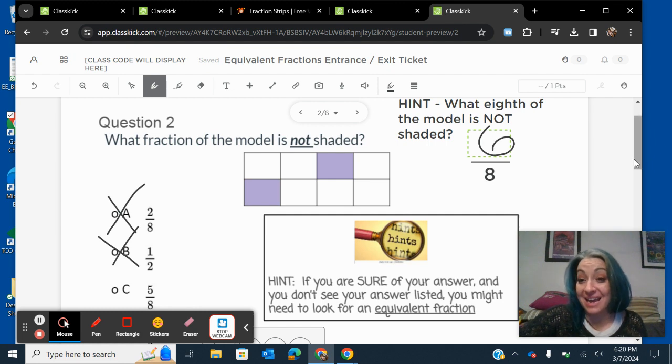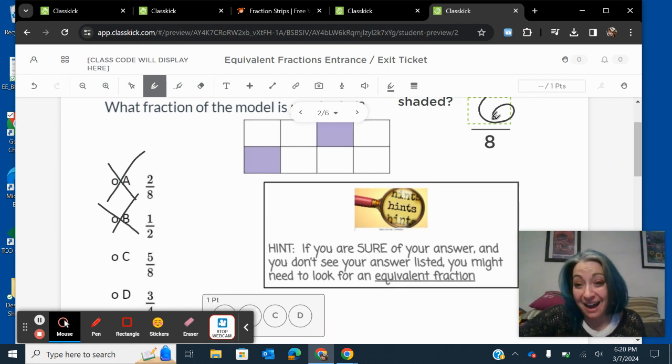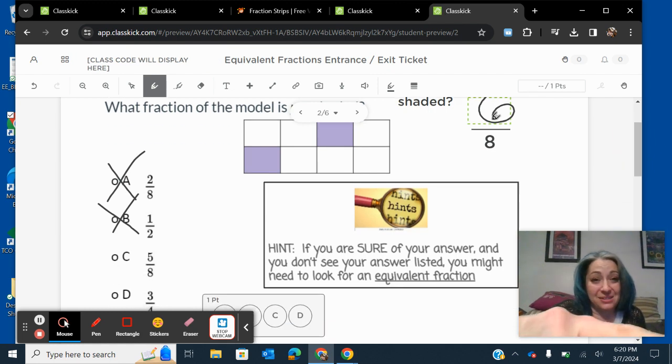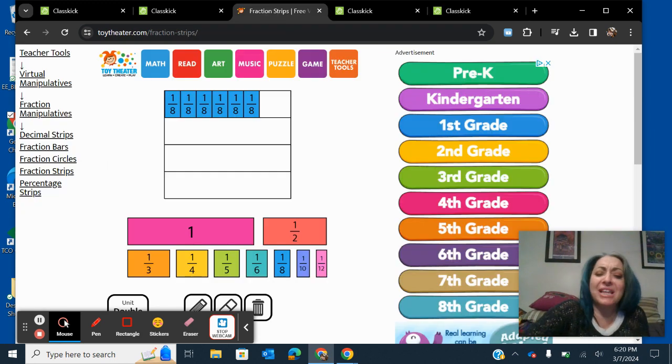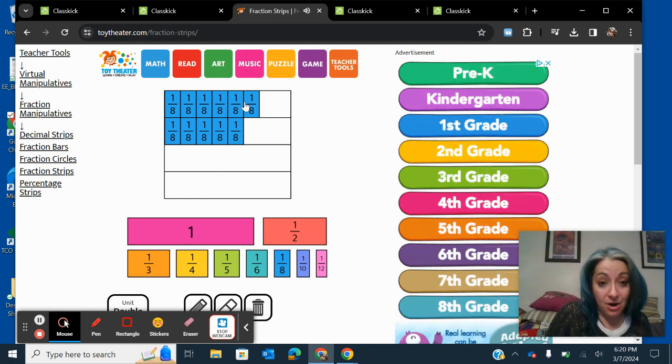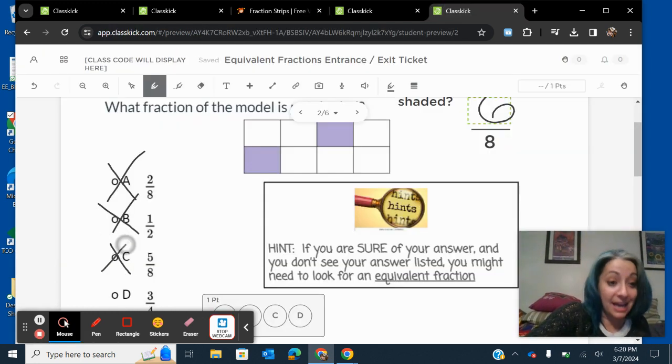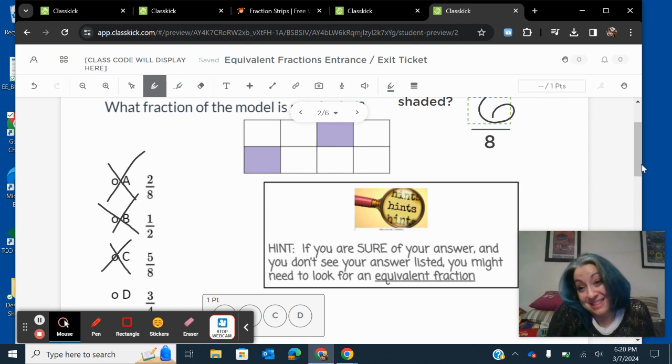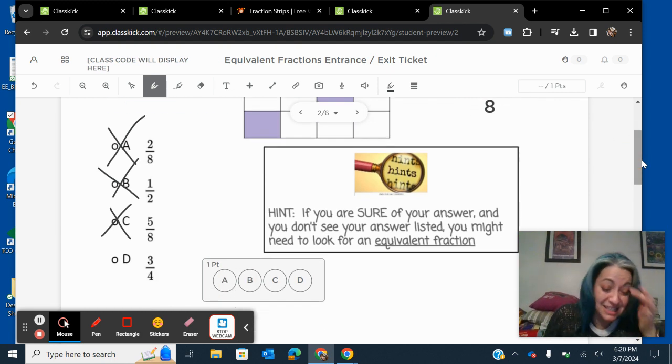All right, 5/8. Probably not because 6/8 and 5/8 are going to be different, but let's try it just to check. 1, 2, 3, 4, 5. Are these the same size? No, you can clearly see they're not the same size, so cross it off. The last answer is 3/4, so I'm guessing that's going to be it, but let's check just to be sure.